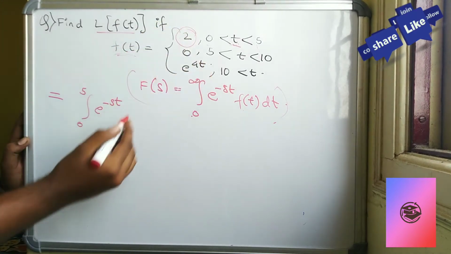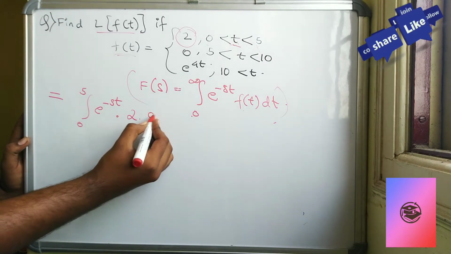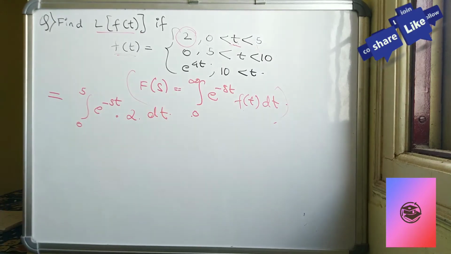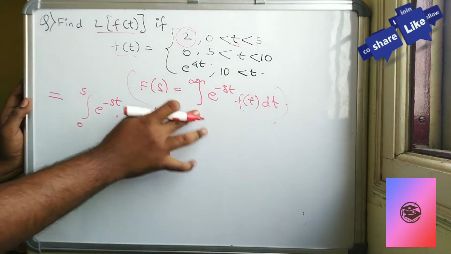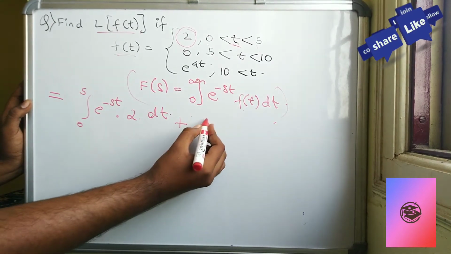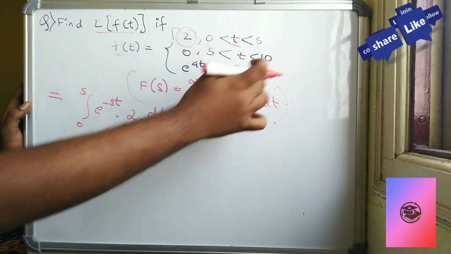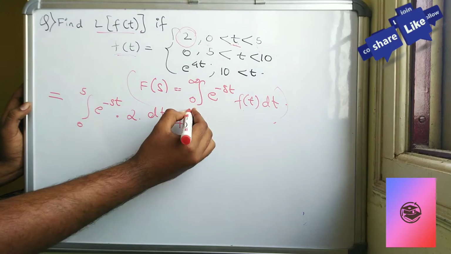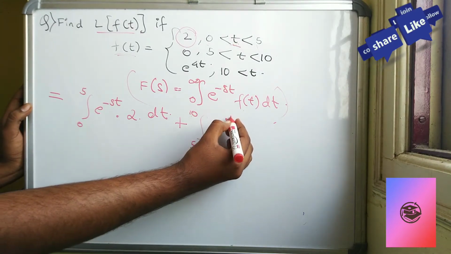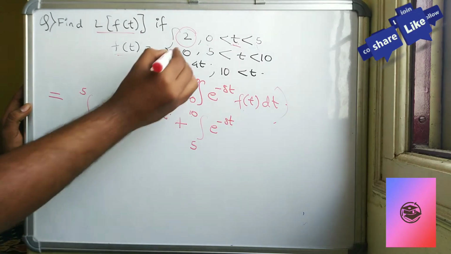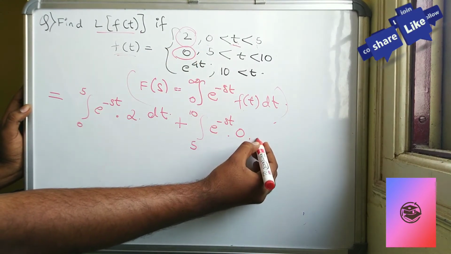It will be 2, into 2 dt. Now again we have to write plus the integral from 5 to 10 of e power minus st. What is f of t now? It will be 0, into dt.